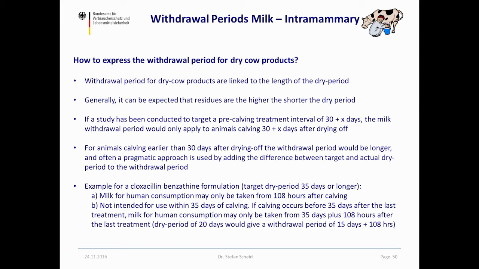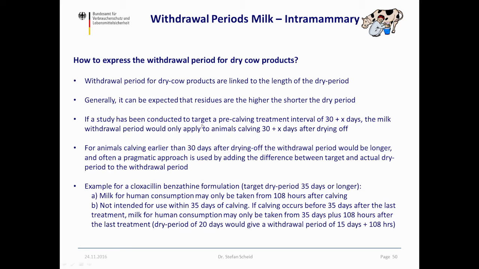For many reasons, probably, compounds might be absorbed from the udder, or might be lost, might be physically lost through the teat tips. So all this might happen. So the longer the dry period, the lower the residues. This is an experience that we have made in many studies.